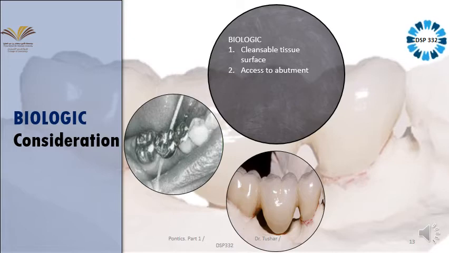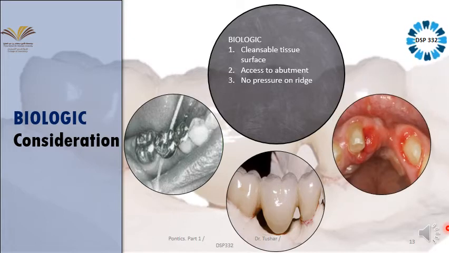But when you are doing that, you are not supposed to compromise the aesthetics, because if you keep this space a little wider, thinking that if it is big there will be no food lodgement and you will be able to clean it properly, you are right, but on the other hand you are playing with the aesthetics. This big space will not look good, it will look ugly. So you have to keep that in mind when you provide access to the abutment.